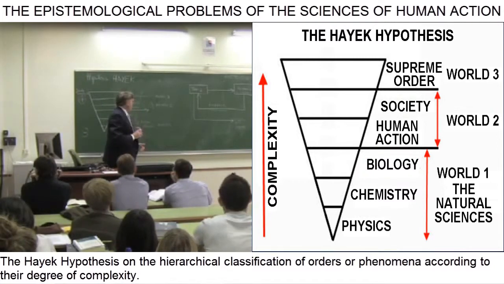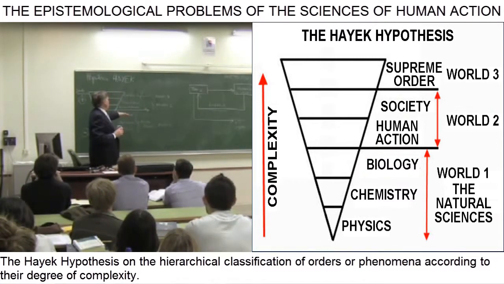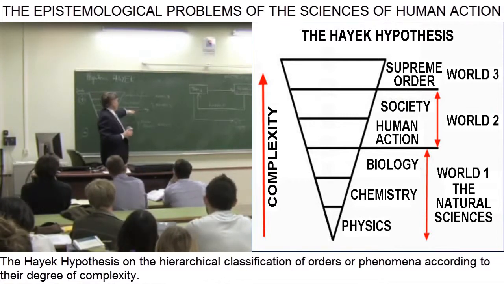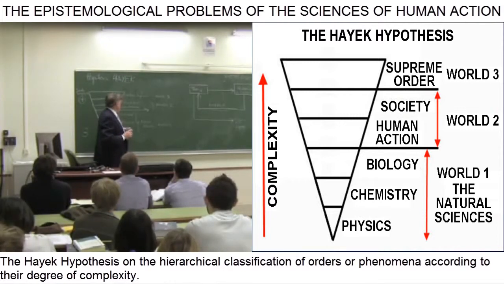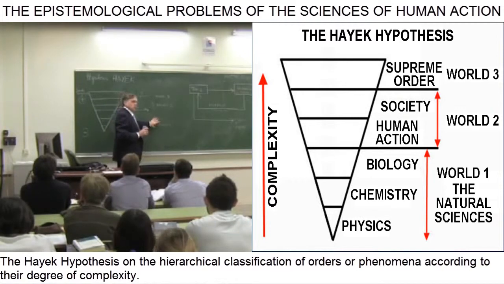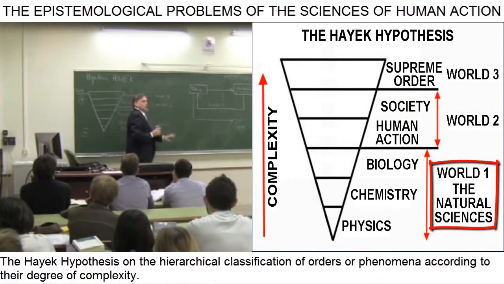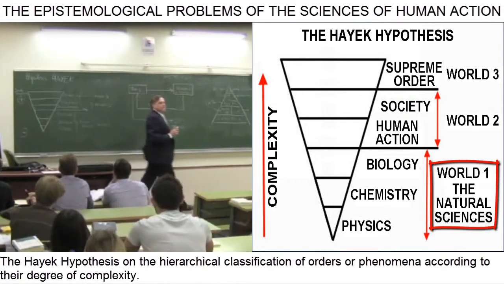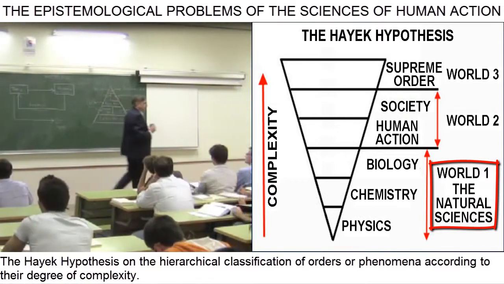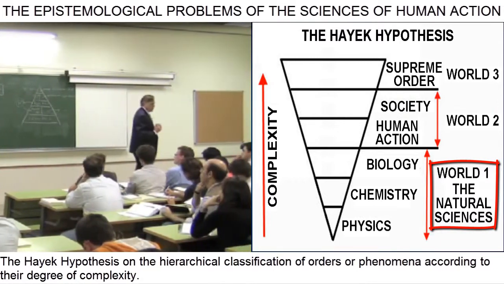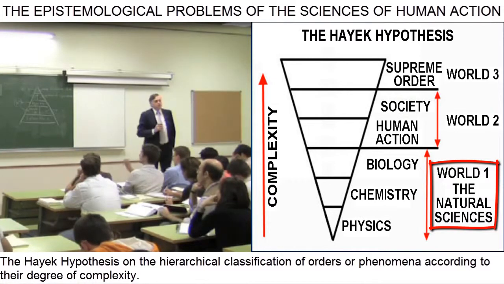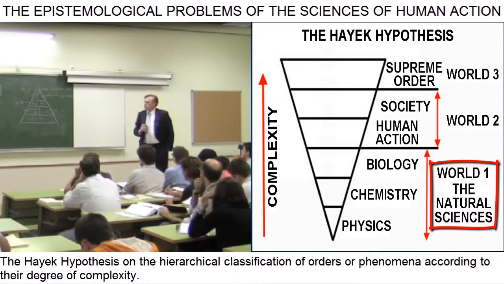Now we take a qualitative leap and begin to study phenomena that are far more complex. The phenomena we have considered up to now, the ones which I have mentioned and which physics, chemistry, biology and the natural sciences in general focus on, we will refer to as World 1 phenomena, so that we understand among ourselves that we are referring to the relatively simpler phenomena, though they are of varying degrees of complexity, which natural scientists study.